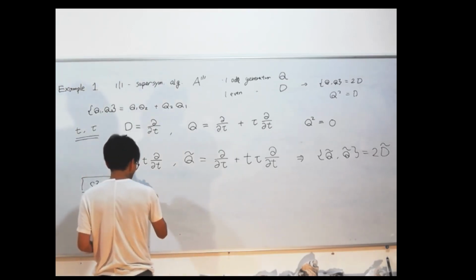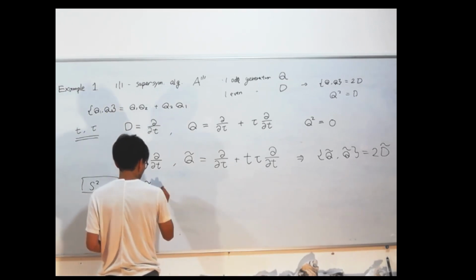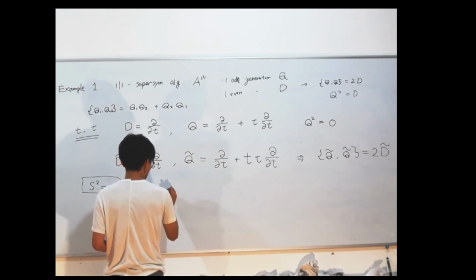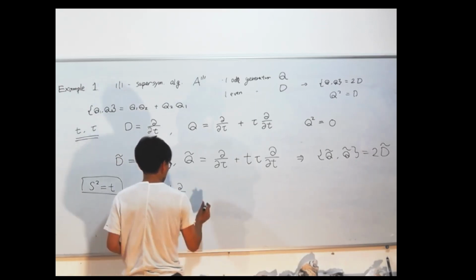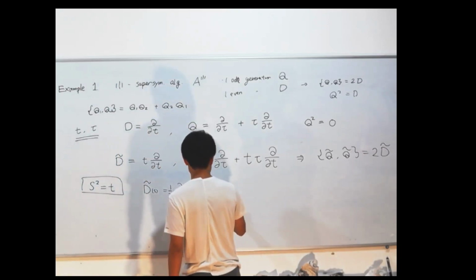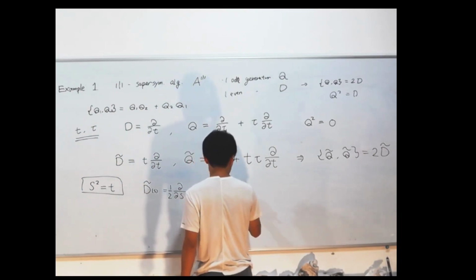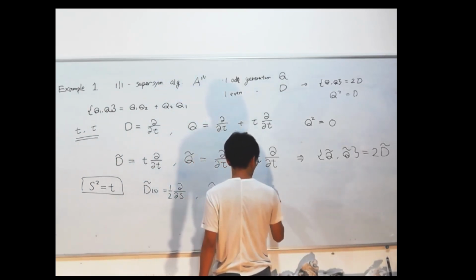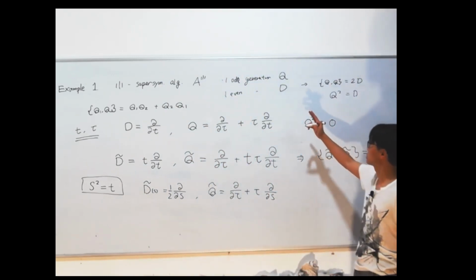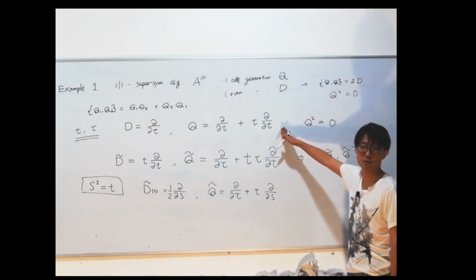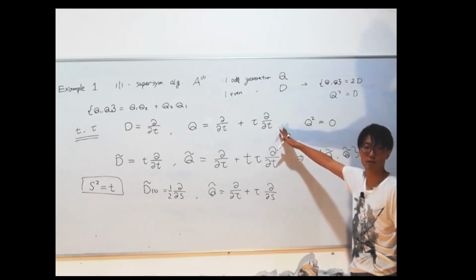And then you can actually write this D in terms of S: it is d by ds, maybe with a half. And Q tilde is going to be, and it goes back to the standard, most standard case.